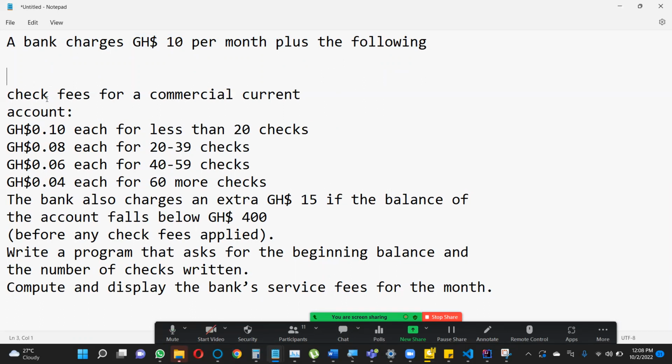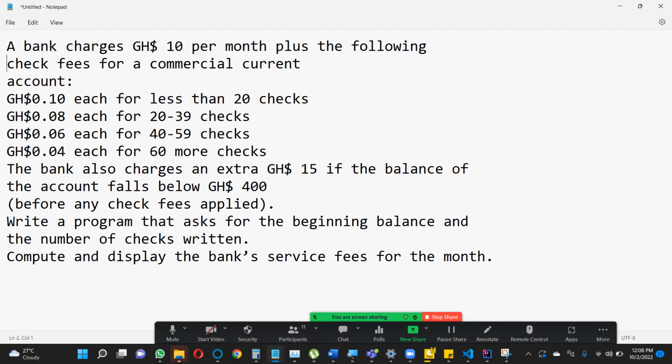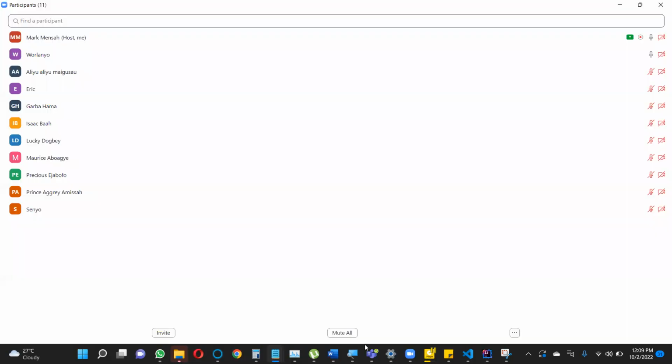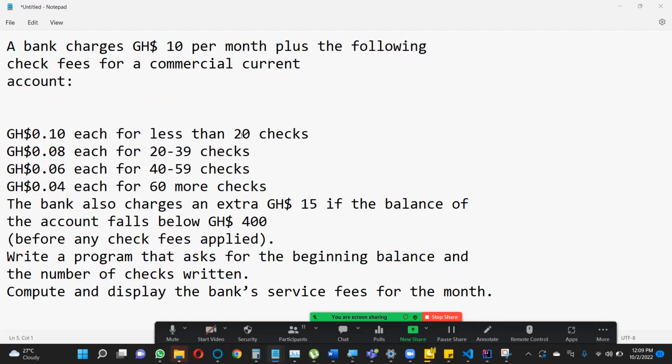Okay. Now they are saying that if you give a check to somebody, so in a month, if I write a check to people, are we okay? Within that month, if I write 20 checks, that means that I will pay 10 pesos each for the 20 checks.